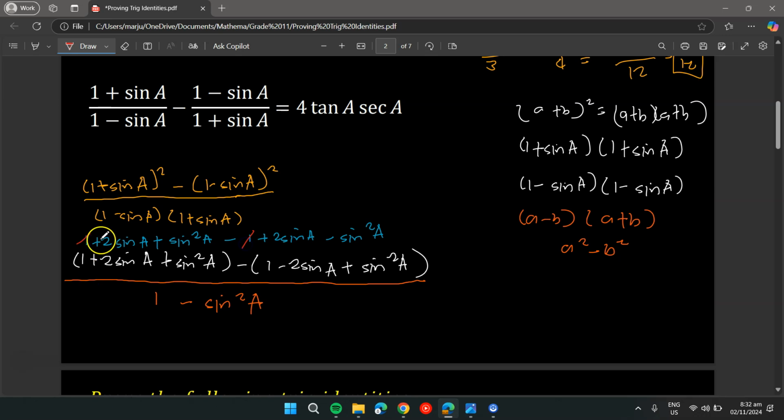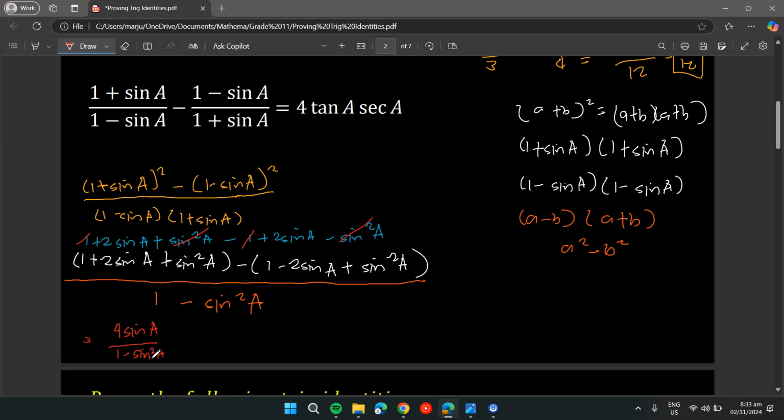And then 2 sine of a plus 2 sine of a will give us 4 sine a, right? And sine squared a minus sine squared a is cancelled. So in our numerator, we are left with 4 sine of a, and our denominator is 1 minus sine squared a.